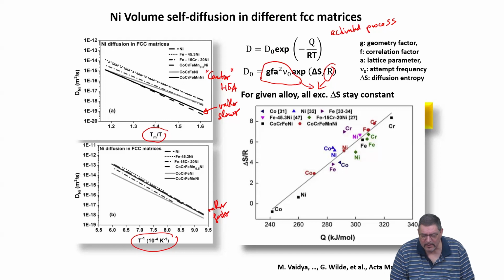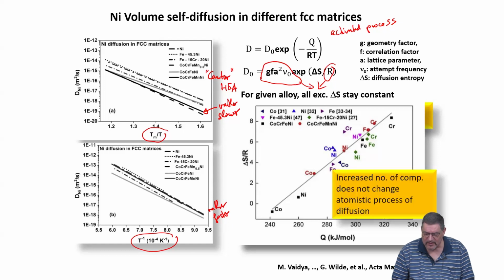And you can see here, again, for various alloys, including high entropy systems, that they all fall very nicely on this line which is indicated, which is the Meyer-Neldel rule, which says there is a linear correlation between the delta S, the term in the prefactor, and the Q, which is in the exponent.